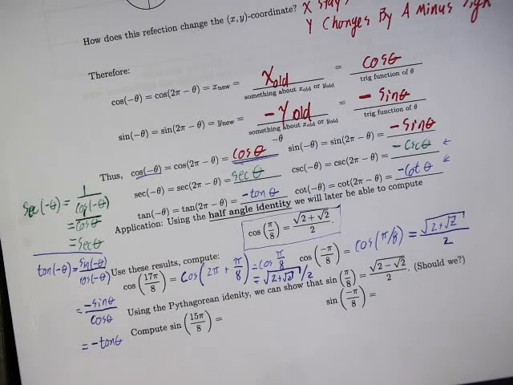So sine of pi over 8 is the thing that I want to know. So I'll leave that alone. What do I know about the cosine of pi over 8? Well, I know what it is.